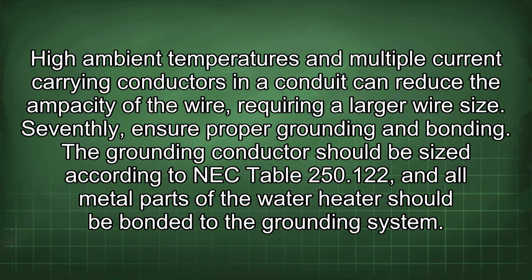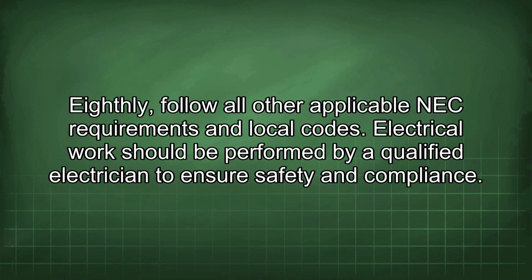The grounding conductor should be sized according to NEC Table 250.122, and all metal parts of the water heater should be bonded to the grounding system. Eighthly, follow all other applicable NEC requirements and local codes. Electrical work should be performed by a qualified electrician to ensure safety and compliance.